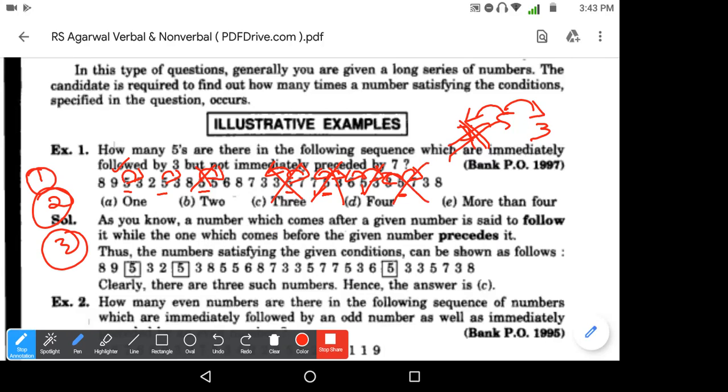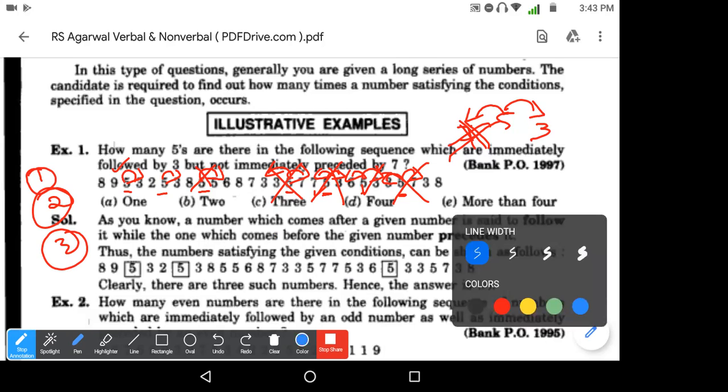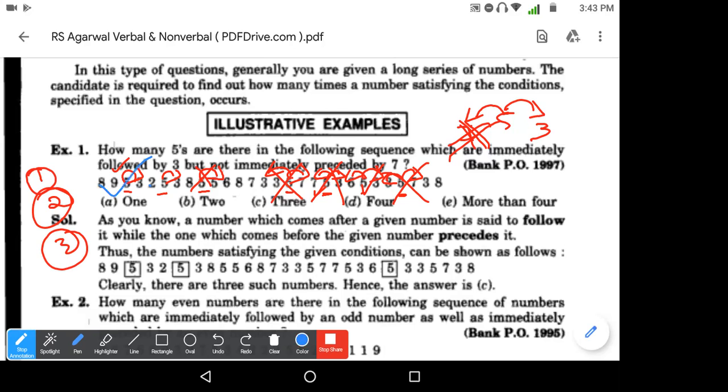So totally how many 5s did I get? Let me change the color here. I got 1, 2, and 3. These are the 3 5s where the condition given in the question was completely satisfied. So the number of 5s is 3.